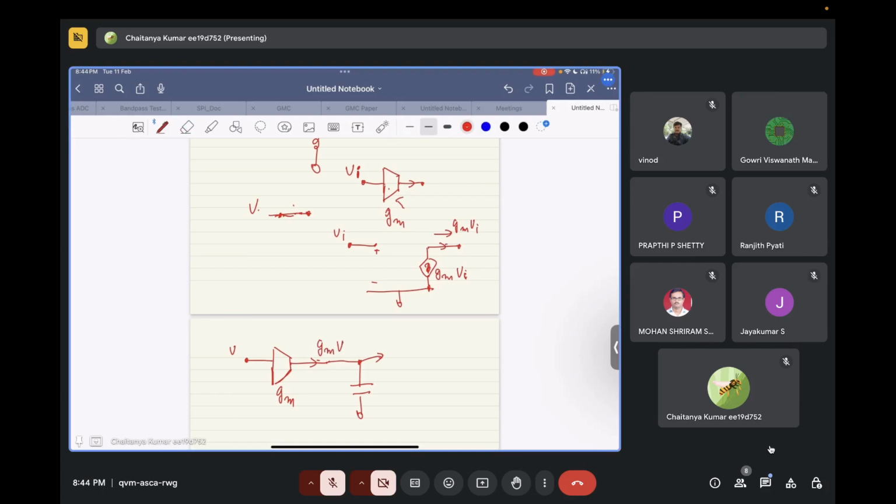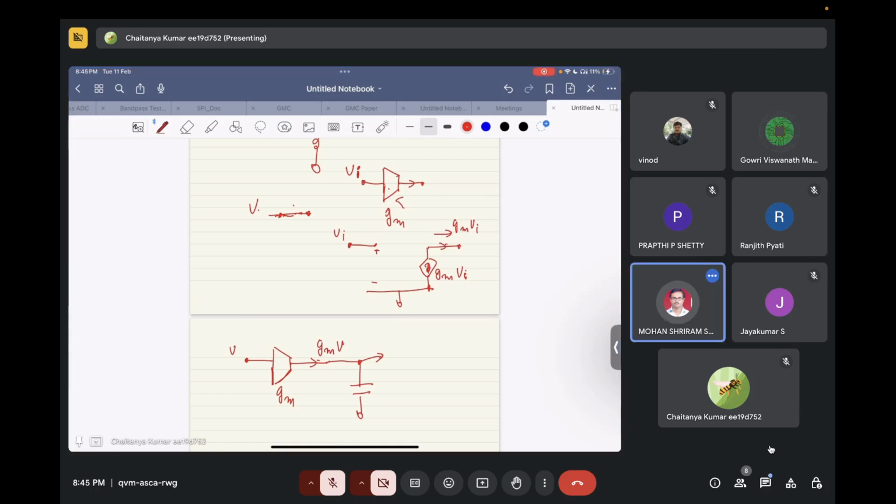If Gm times V is pushed into the capacitance, what will be the voltage developed at this node? One by C integral of Gm V dt.